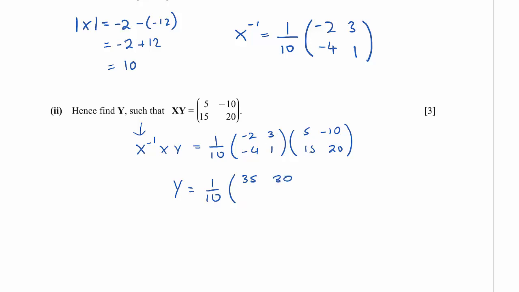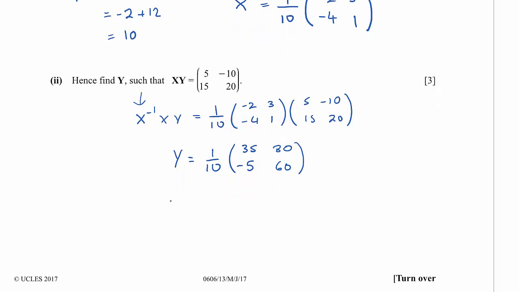And we're going to get negative 20 add 15, which is negative 5. And then finally we're going to get 40 add 20, which is 60. And so Y is going to be 3.5, 8, negative 0.5, and 6.